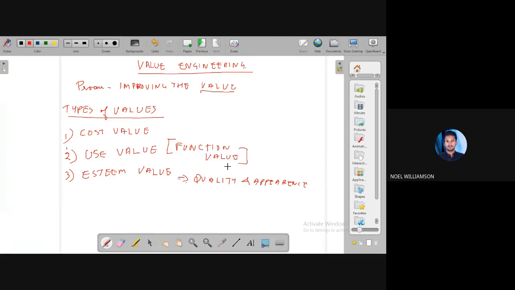We may choose the Mercedes without considering the cost. So this is the esteem value, the value based on appearance or quality. Based on quality and appearance, there will be a certain value for a product, and that is the esteem value.